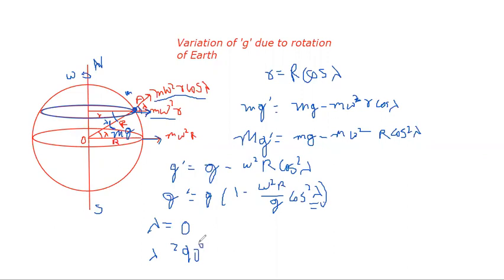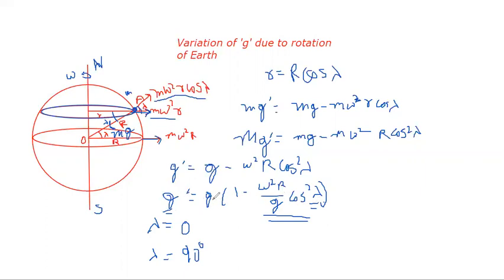So cos square lambda becomes 0 and g dash becomes equal to g. Now, as this portion of the equation is in existence, this value of g gets lowered, that g dash becomes less than g. But at lambda equals 90 degree, this becomes 0, so g dash is equal to g.